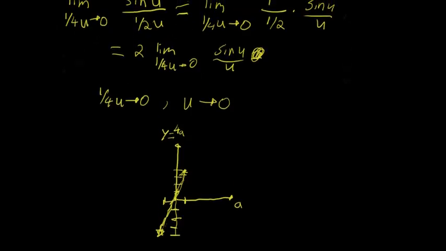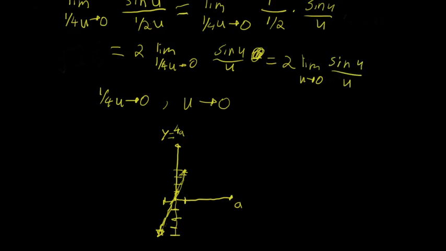So therefore we can write this limit, 2 times the limit as 1/4 u tends to 0 of sine u over u, as equivalent to 2 times the limit as u tends to 0 of sine u over u, because remember, whatever happens as 1/4 u tends to 0 will also happen as u tends to 0.